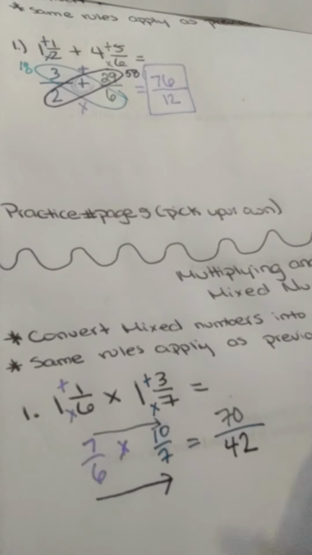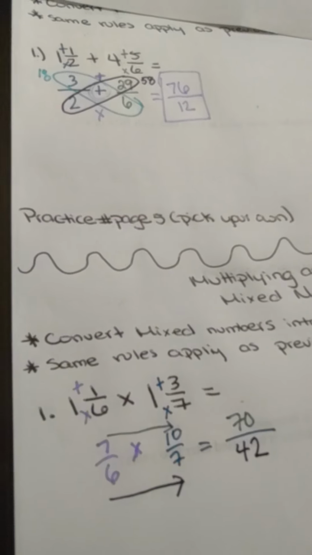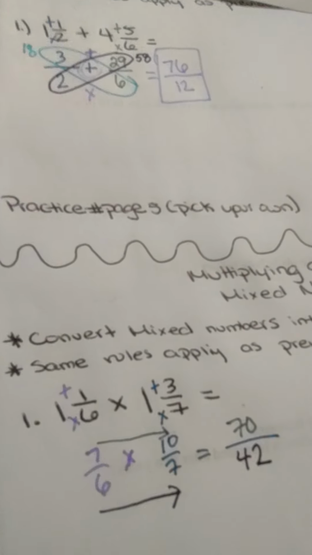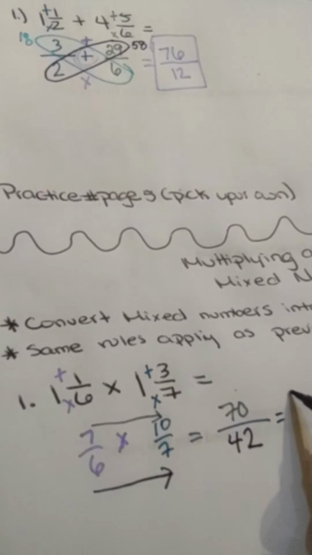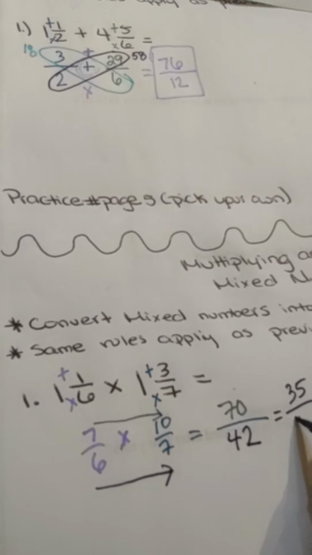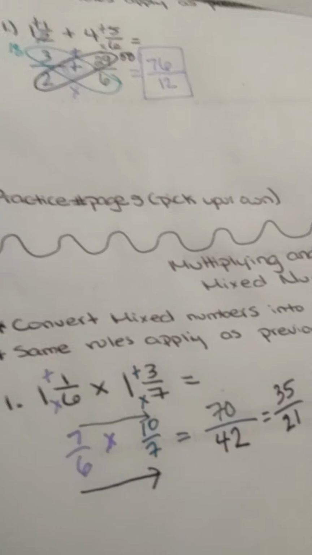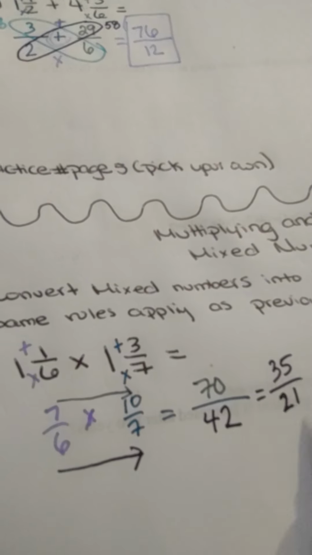And of course, you are able to simplify, but I'm not going to do that again to save time. Because I believe this becomes, if I divide by 2, 21. And then I think you can go ahead and continue. Let me see.